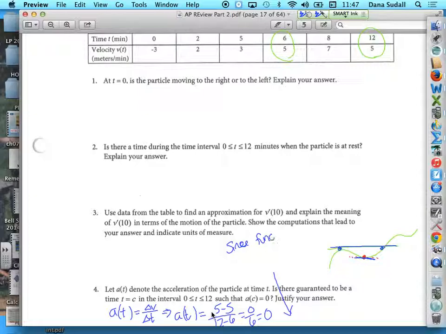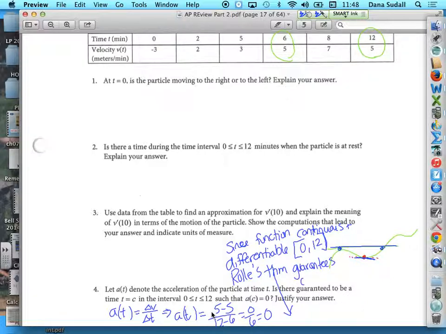Since the function, which is continuous, and it's also differentiable on this interval from 0 to 12, Rolle's theorem guarantees a value for the time when A of t is equal to 0. All right, so that's the first one then.